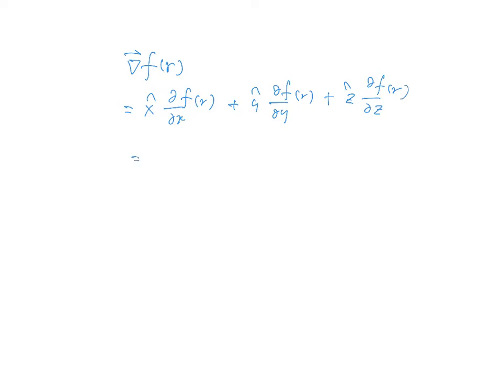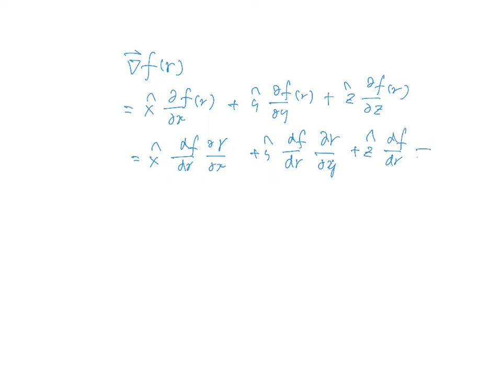So that means x df dr partial r partial x, and y, you can apply the chain rule again, partial r partial y, z df dr partial r partial z.